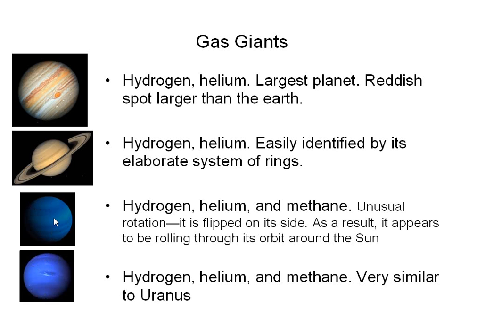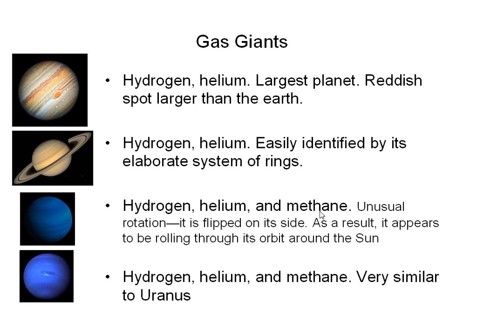Okay, but Uranus and Neptune are more similar because they both look blue, right? Why do they look blue? Because they have one thing more. They have more methane here. So in their atmosphere there is hydrogen, there is helium, and there is also methane.